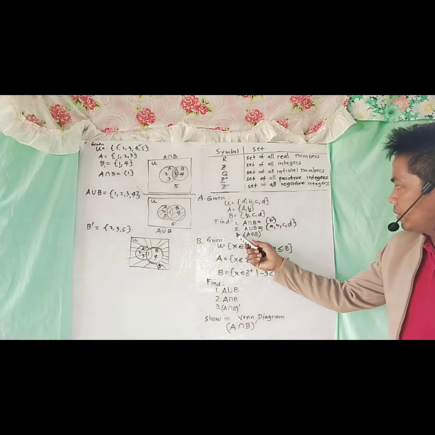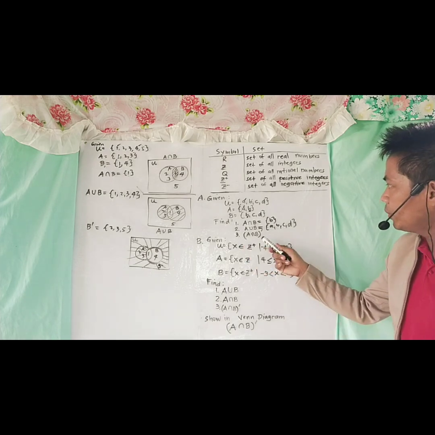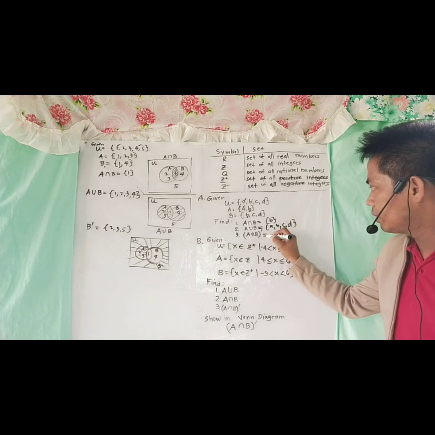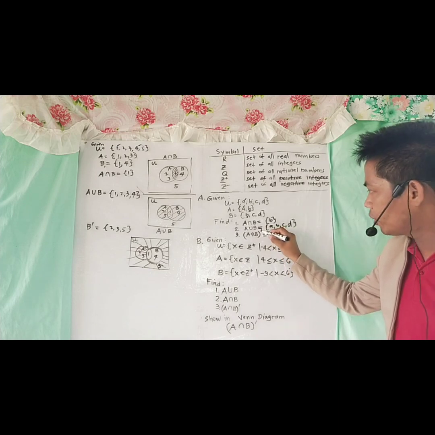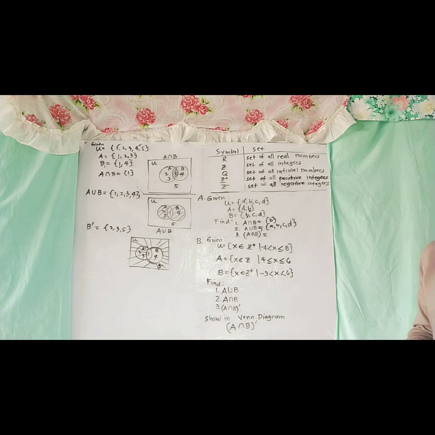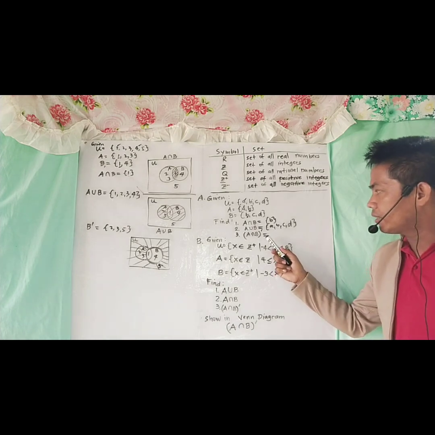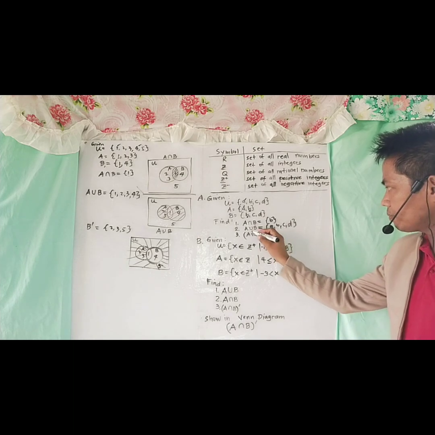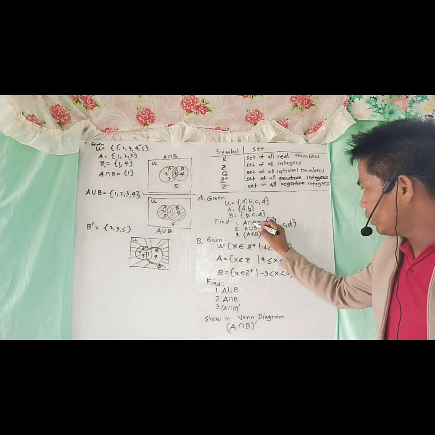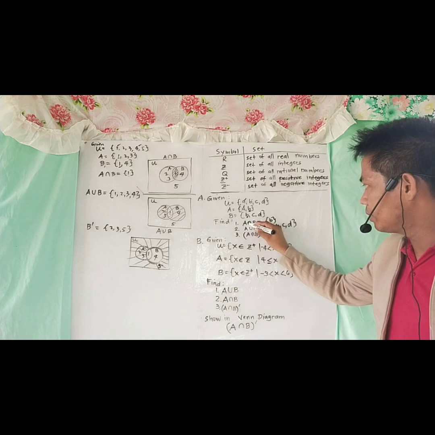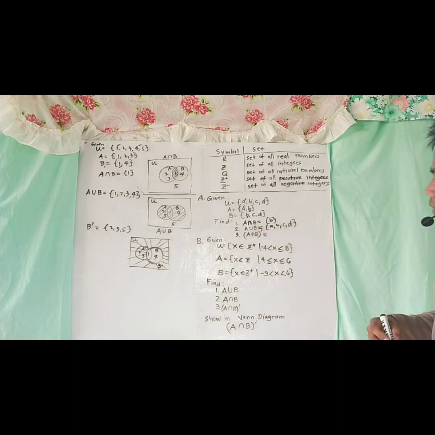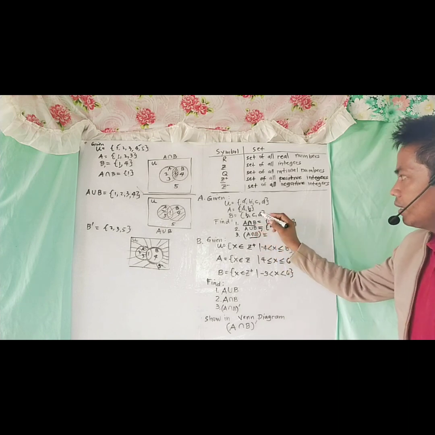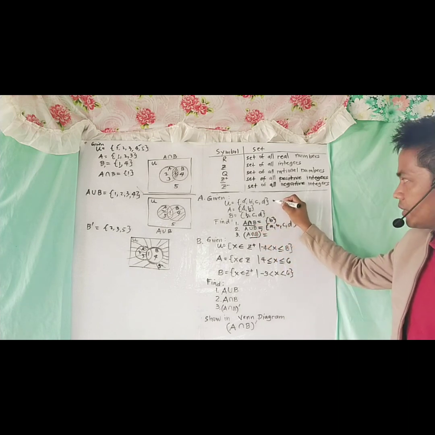For number 3, we have the complement of A intersection B. As you can see now, that which is not part of the group A intersection B is not found in this set, but still present in the universal set.